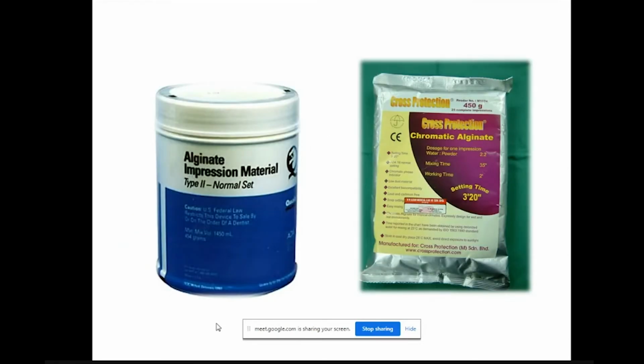This is the bulk container. Number 2, it is a chromatic alginate. It is a color change. Sometimes the container contains no color change, but if it is written like this, it's a chromatic alginate.